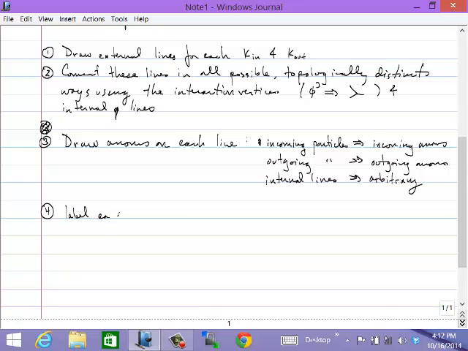And then you label each line by the momentum of the particle which propagates along this line. And you enforce momentum conservation at each vertex.